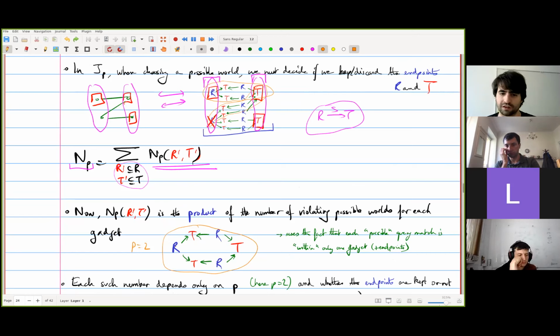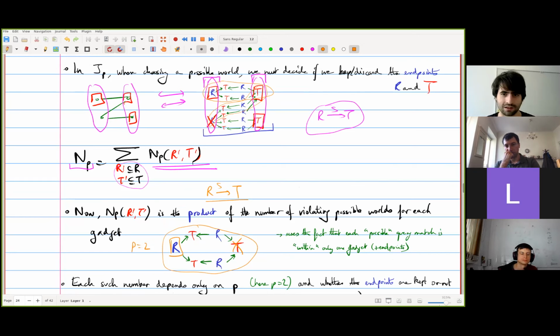So if I say, for instance, I keep this one and I discard that one, the number of subinstances containing this is the same, no matter where the gadget is located.